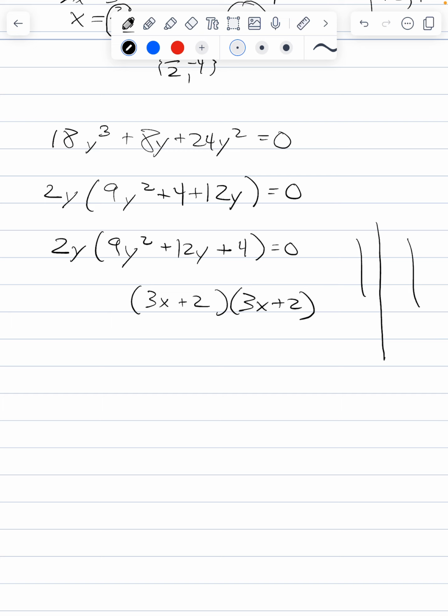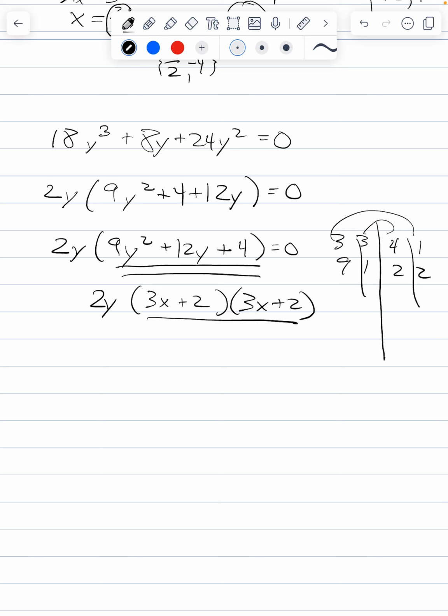You would have listed your factors of 4 here and your factors of 9 here and decided which ones, when multiplied using FOIL, would give you this trinomial. So we factored it, and now we're left with 2y times 3y plus 2 times 3y plus 2.